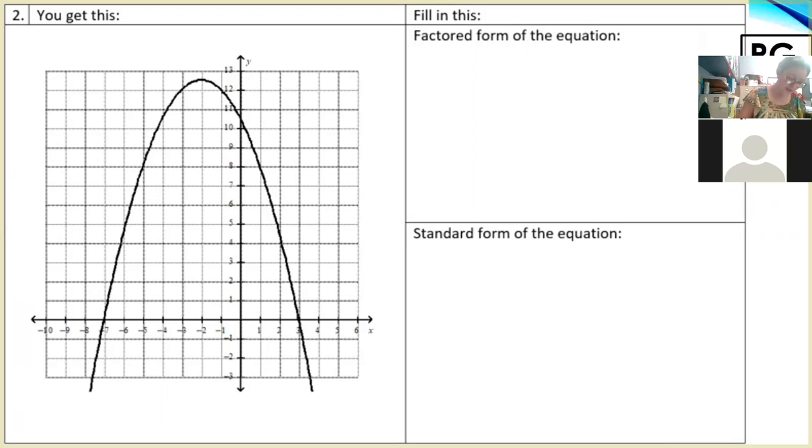What feature of the graph do I want to look at if I'm going to try to write something in factored form? Look at what? The roots, yes. Look at the roots, the x-intercepts.